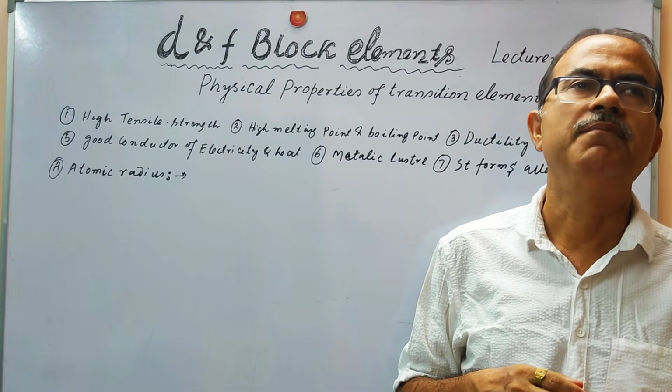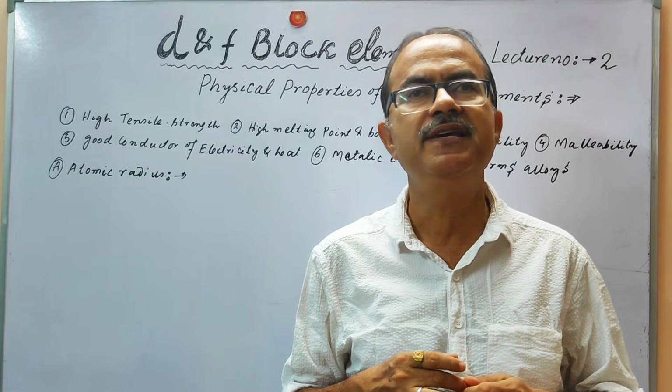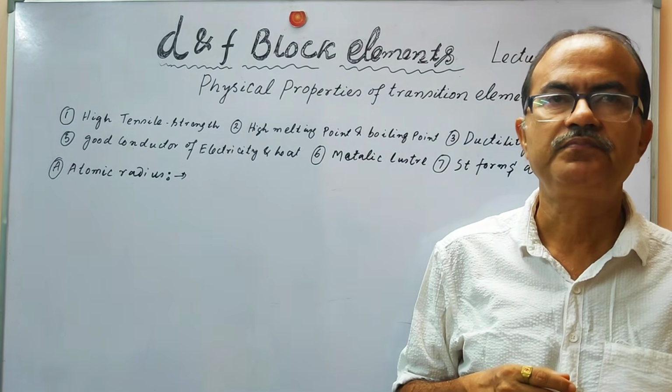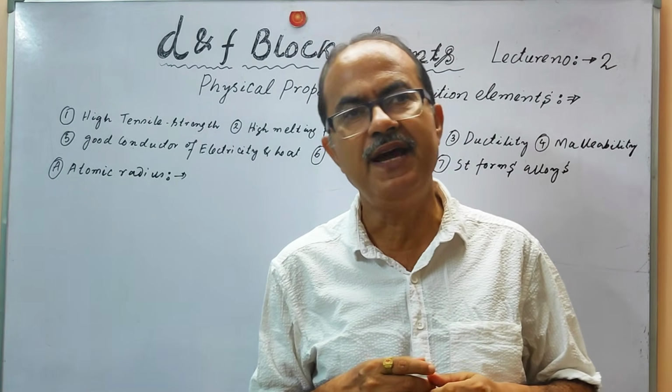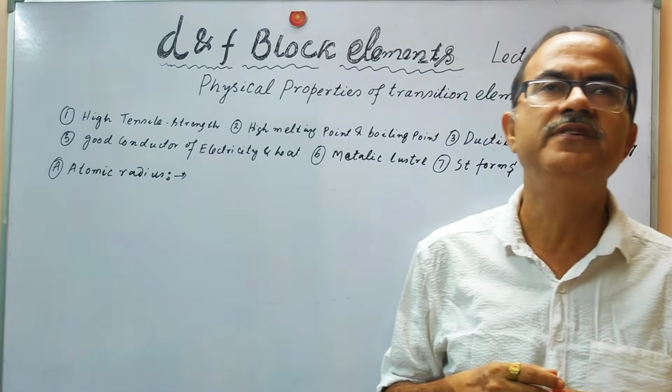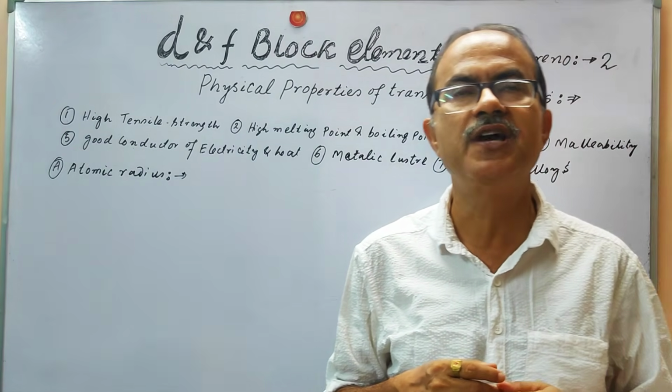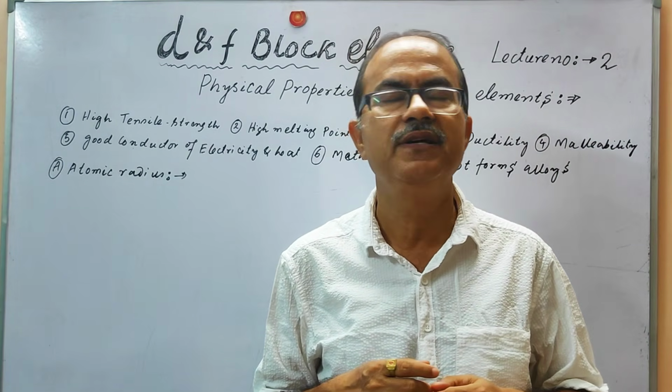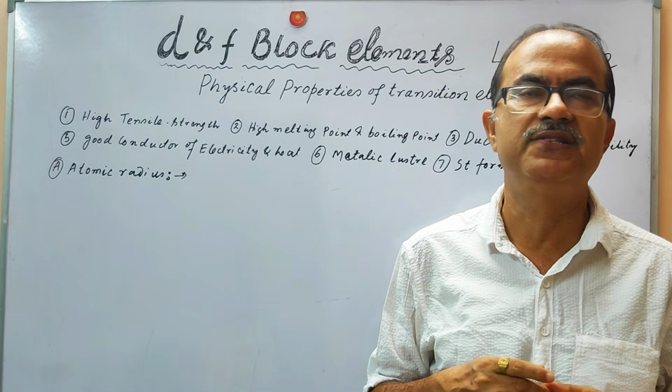So at the middle you will find a minimum radius. After that you will not find much of a difference. The radius becomes almost constant, and at the end you will find a slight increase.